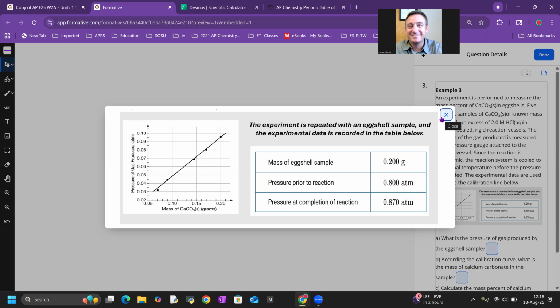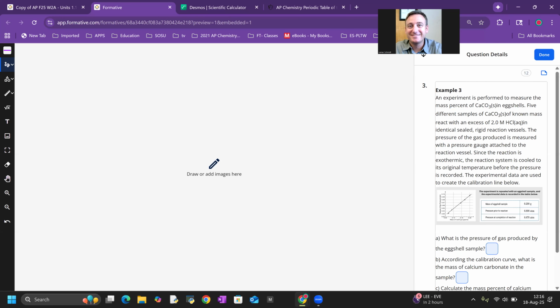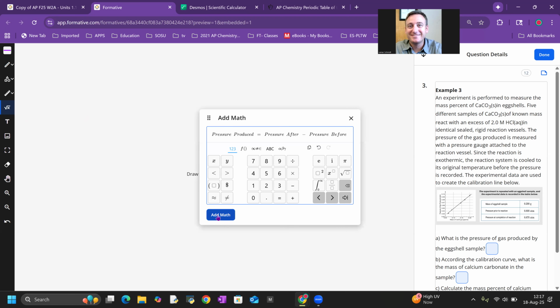So what we're going to look at is the pressure at completion and the pressure prior to completion in order to determine the pressure produced by the reaction of that shell with hydrochloric acid. Okay, so we're going to place that in there.